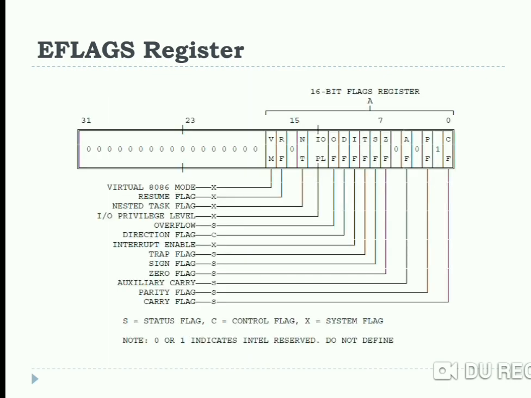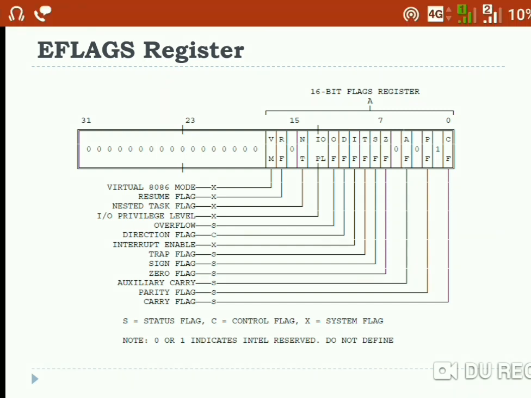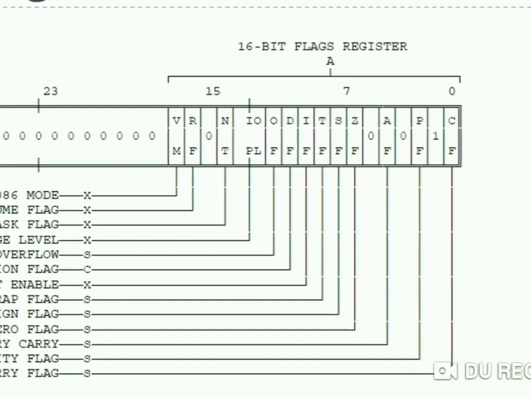In the EFLAGS register, the system flags are used by the system programmers. System flags are not available to application programmers. As we know, the flag register is a 32-bit register named the extended flags. The flags may be considered in three groups: status flags, control flags and system flags.